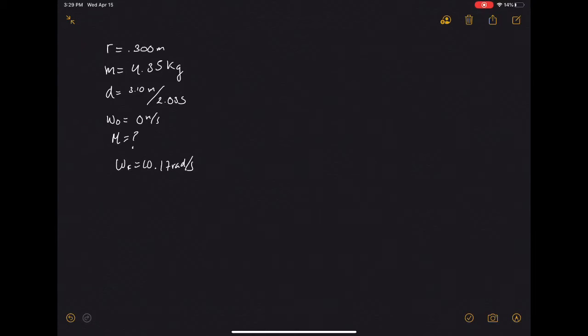Okay, now for the second part. Now that we have the angular velocity, we're going to use K initial plus U initial equals K final plus U final.